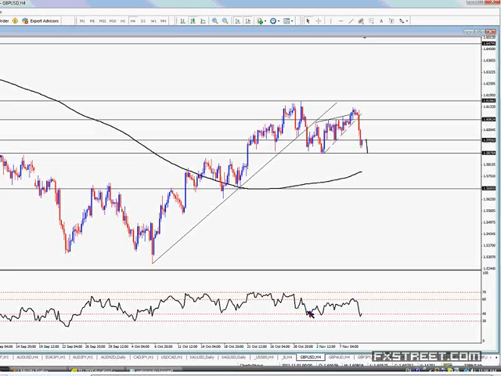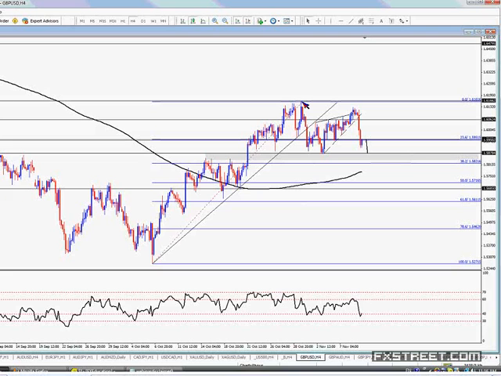But this time we do break below 40, and if we do sustain that break below 40, we're going to confirm with price action the break below 1.5880, and then immediately below that we have another little pivot zone here that's also matching with your 38.2% retracement level.